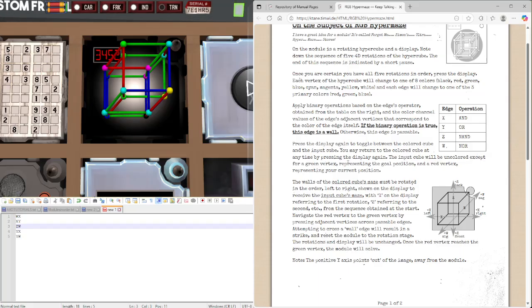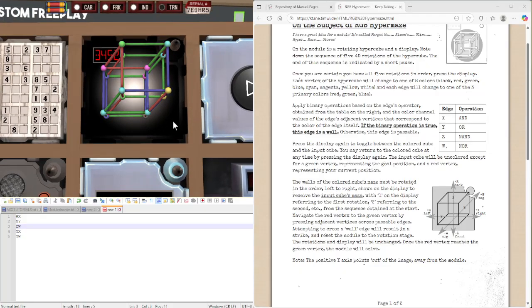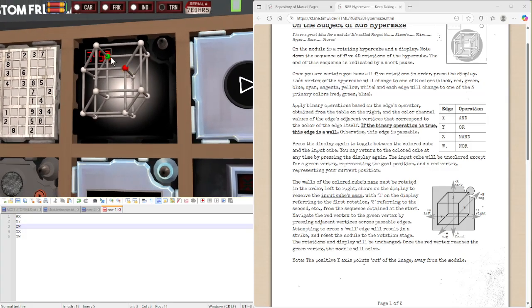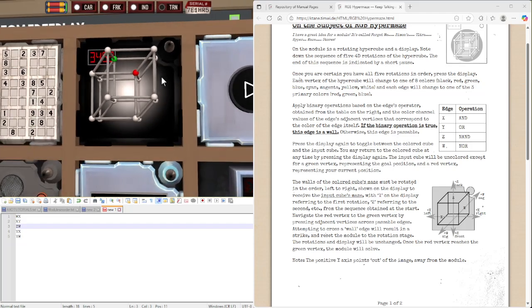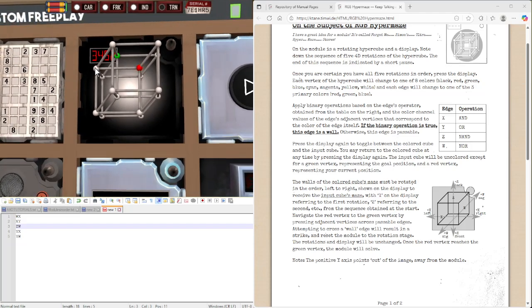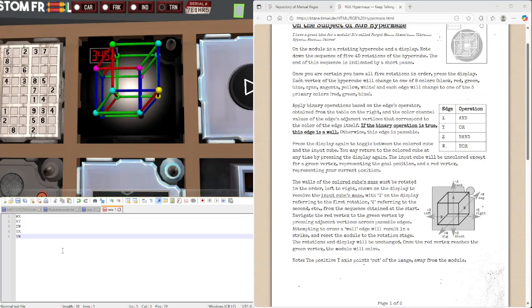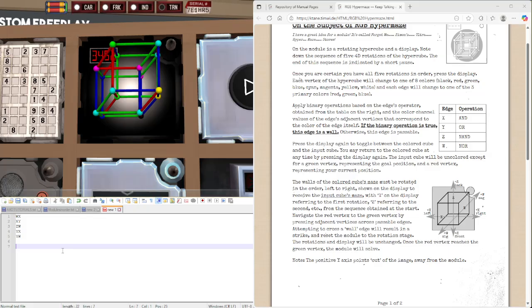The green coloured for green vertex, going for red, which is the current position. So we go from there to there. So let's try this axis first. That's the x-axis.